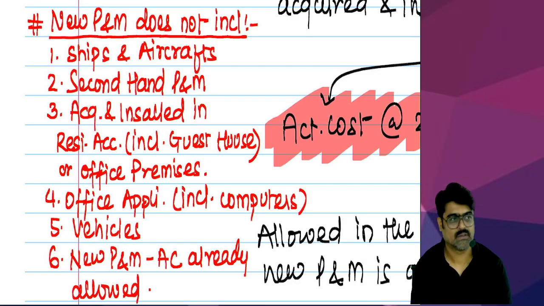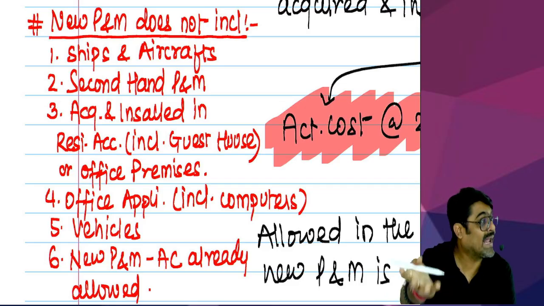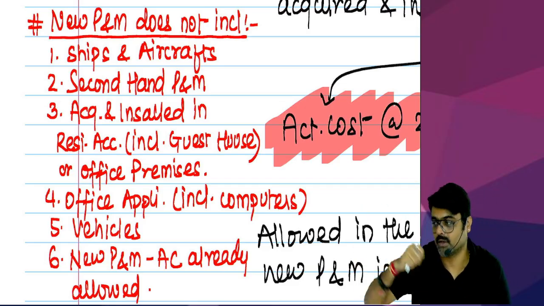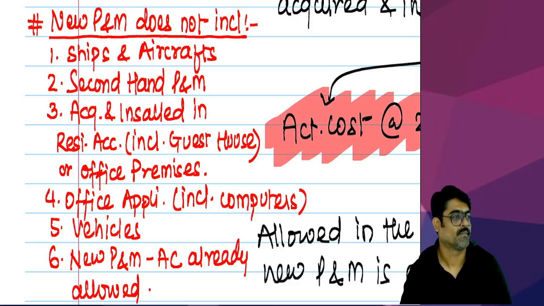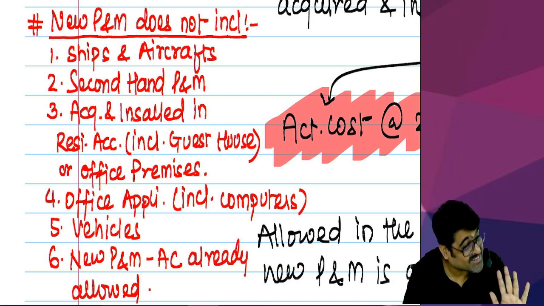Number two, we have been screaming at the top of our voice: buy new plant and machinery, and see what you have bought. Will you get depreciation on this? Yes.